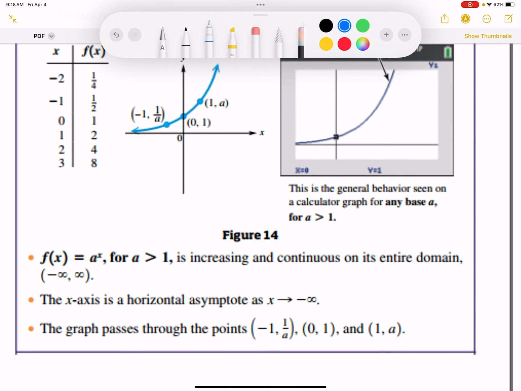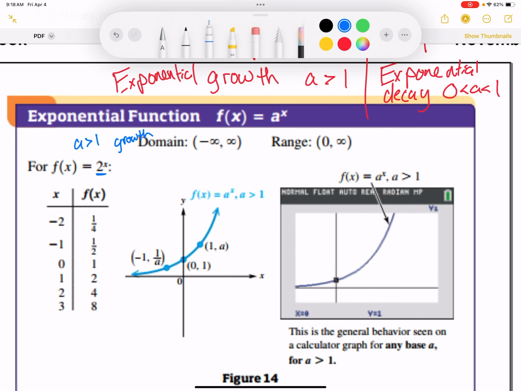So when A is greater than 1, this is the growth model, which means it's increasing. It's also continuous, and its domain is from -infinity to infinity, right? Domain, -infinity to infinity. Range, 0 to infinity. Why 0 to infinity? All right.